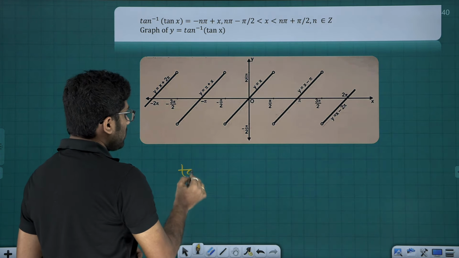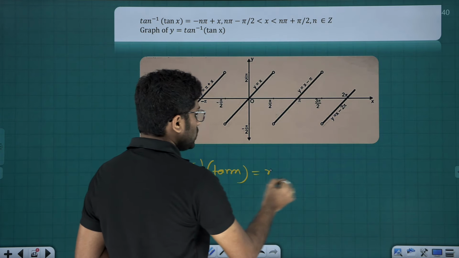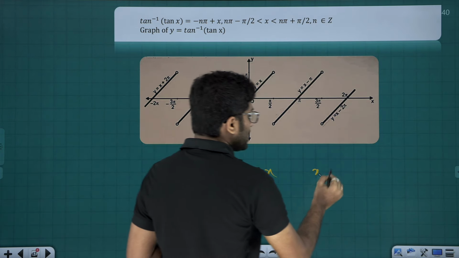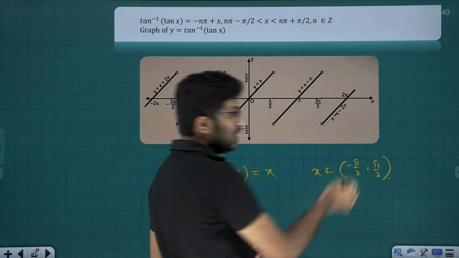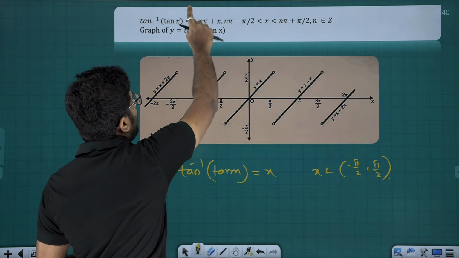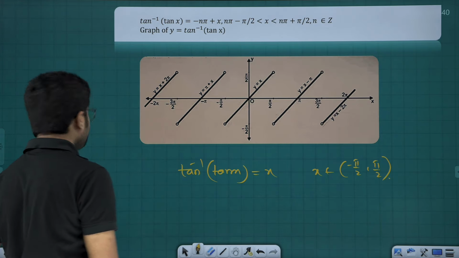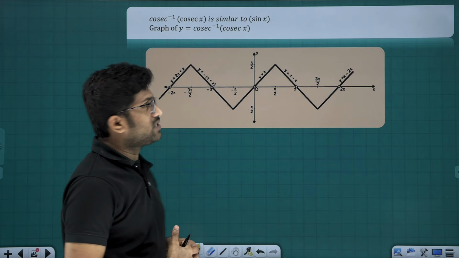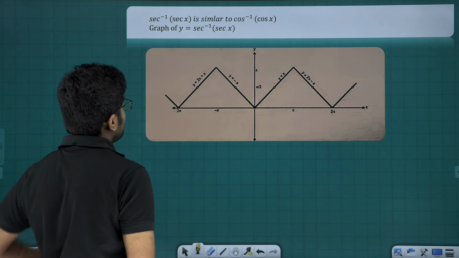So tan inverse of tan x will be equal to x only if x belongs to open minus pi by 2 to pi by 2. If x does not belong to this particular region, then by using this graph or by using these values, we can get the required value. Similarly, cosecant inverse of cosecant x or even secant inverse of secant x.